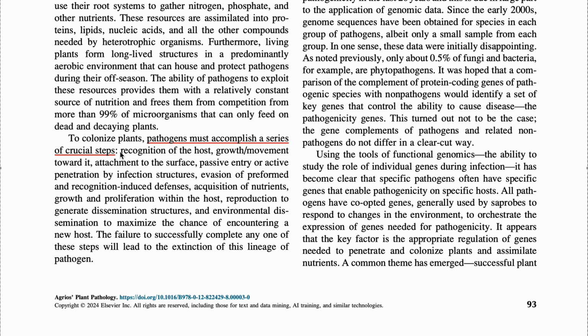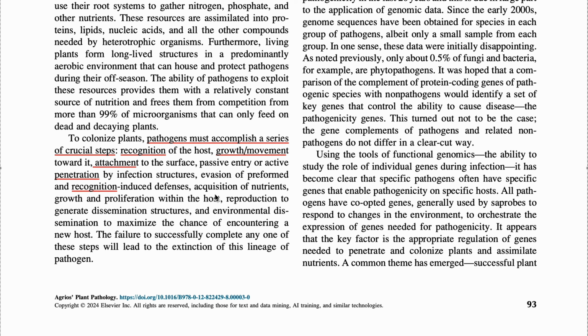First is recognition of the host. Second, growth and movement towards it. Next, attachment to the surface. Surface means host plant, right? Then passive entry or active penetration. Next, evasion of preformed and recognition-induced defenses.